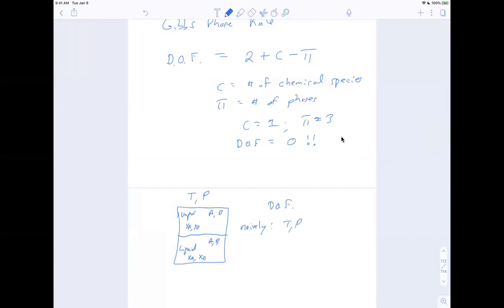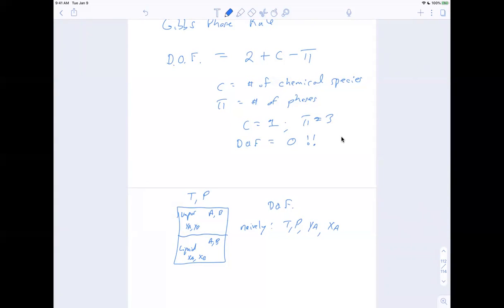We don't have to set them to anything. We might say, all right, temperature and pressure are independent variables. That's not really hard to envision. We can say that we can specify those. We could actually specify YA or YB, and we could potentially specify XA or XB. And remember, the B component mole fractions are just one minus XA or YA.